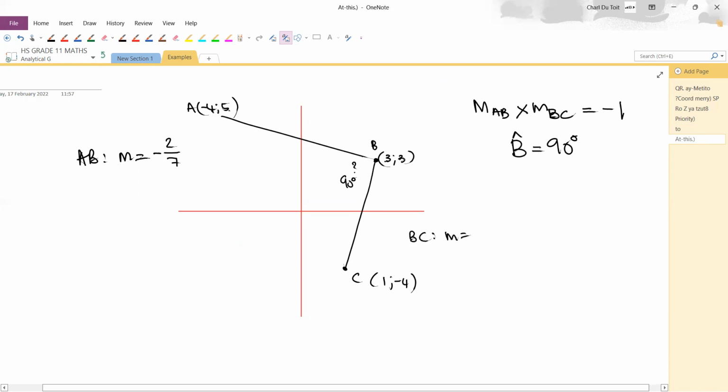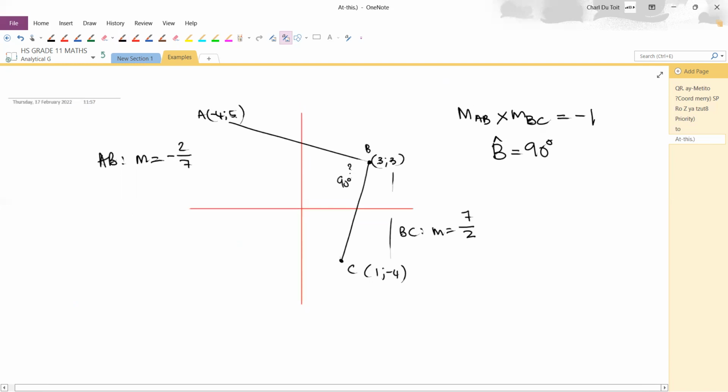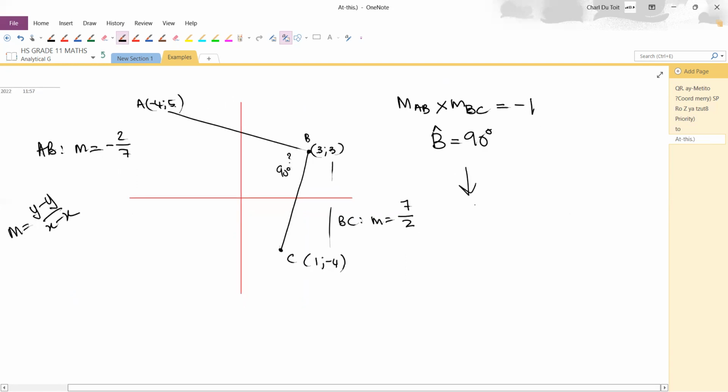Then the gradient of BC. It's also the change in Y. The change in Y is 7 units, and the change in X values is 2 units. And that's a positive gradient. Okay, you could have worked it out with your formula: gradient equals y minus y over x minus x. So if I multiply those two gradients, -2/7 and 7/2, then I get -1.